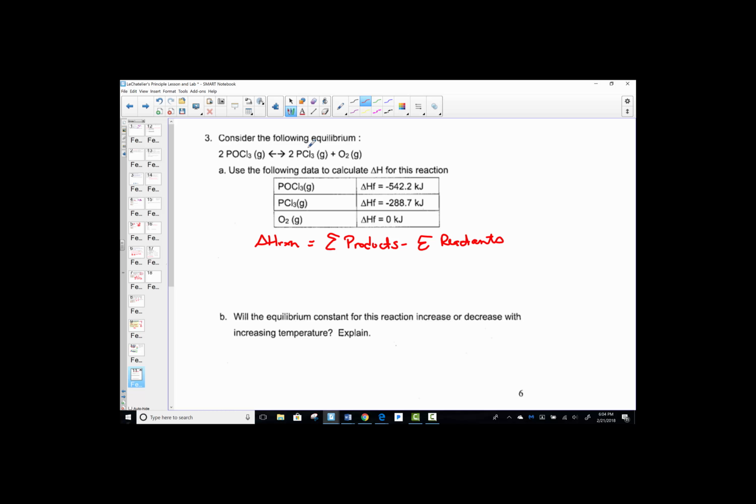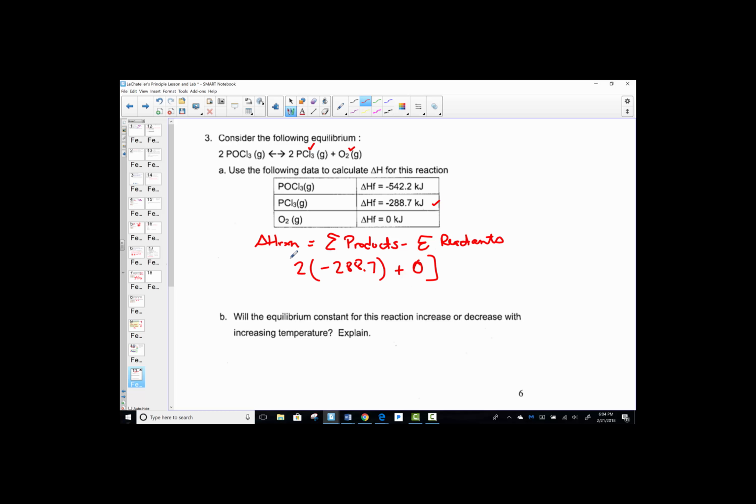The heat of formation of PCl3 is given to us as negative 288.7 kilojoules. And from our balanced equation, I see that there's 2 moles worth. The heat of formation of oxygen, any element in its natural state, is 0.